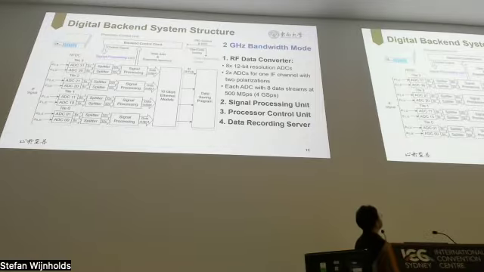The next part is the signal processing unit, which is implemented on the programmable logic of the RFSoC. The processed data is fed into the data recording server through optical fibers. The whole system is controlled by the processor control unit, which is implemented on the ARM processor system of the RFSoC.